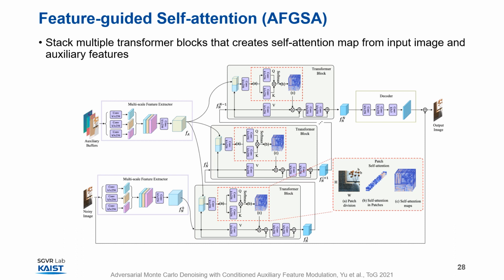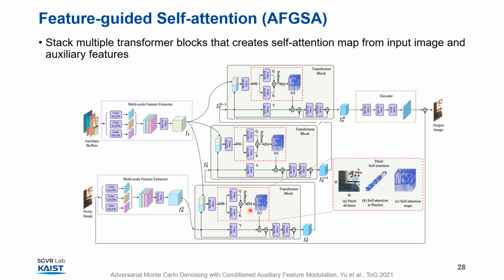Moreover, more recent work used self-attention mechanism to provide strong guidance of auxiliary features for denoising. Well, shortly, the self-attention mechanisms on each block allow learning global contribution between the inputs, in this case, the noisy image and the auxiliary features. And these will be represented as the blue boxes here.